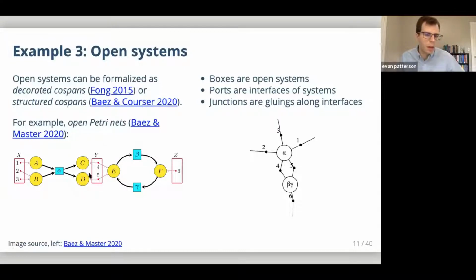On the left here, I've shown two open Petri nets as structured cospans and a template for composing them. On the right, I've shown the undirected wiring diagram that corresponds to that pattern of composition. In this picture, the boxes represent open systems, the ports are the interfaces of those systems, and the junctions tell you where along those interfaces you're going to glue in forming a composition.